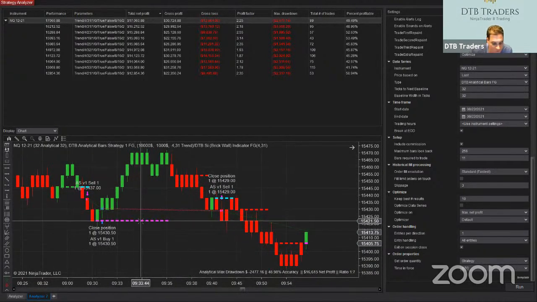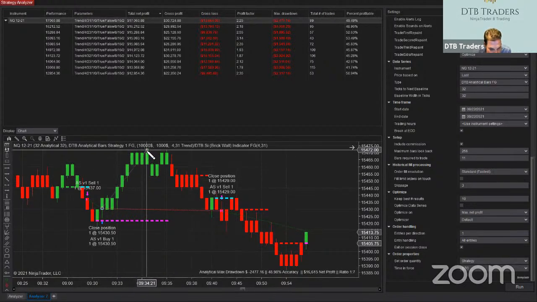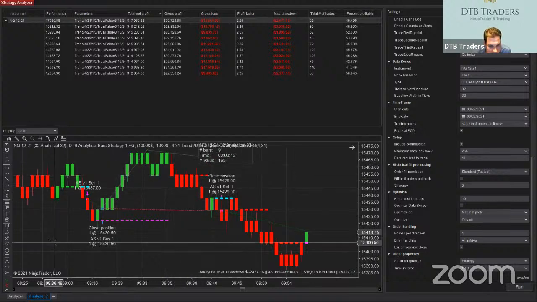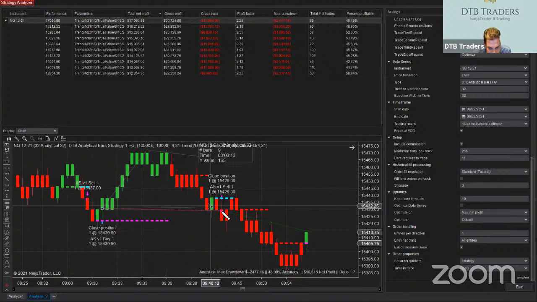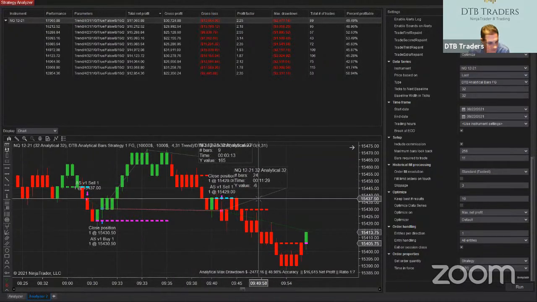Not that it's beautiful to look at, it's a bit frustrating sometimes if you're in a trade, but in this example here, the trade went up 165 ticks, but then actually ended up being almost a break-even trade. That is what happens in the world of trading and strategies.